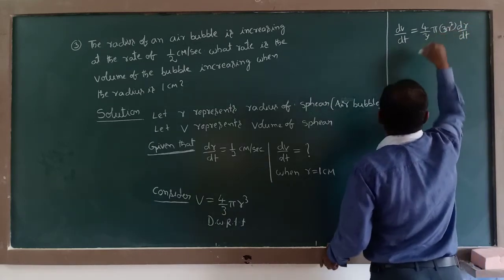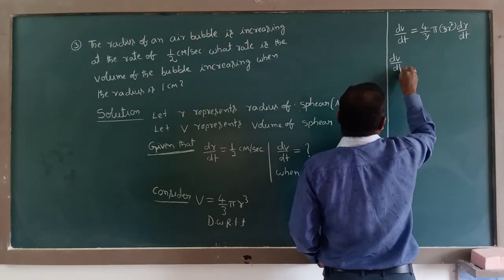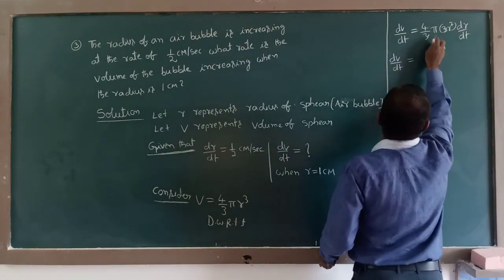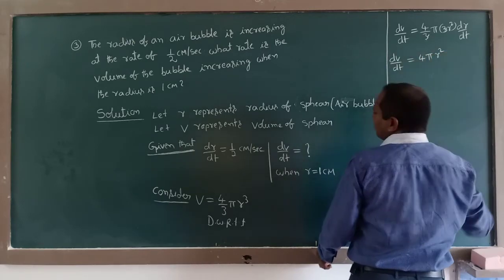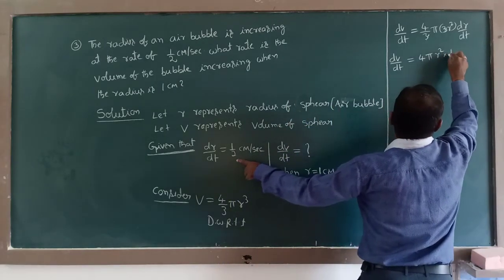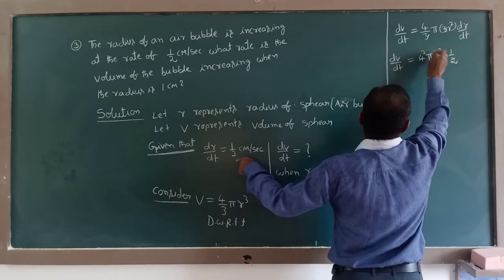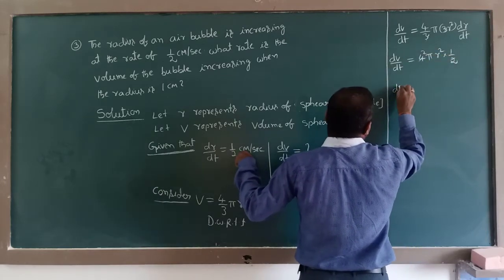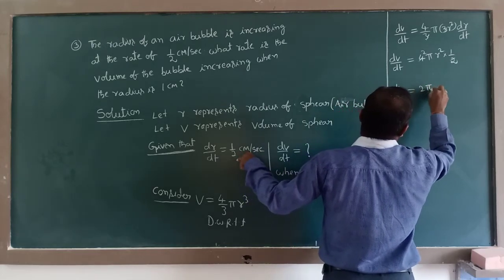Now 3 gets cancelled. dv by dt is equal to 4 pi r square into dr by dt, whose value they gave here as 1 by 2. Now 2 and 2 get cancelled. That's why dv by dt here we got 2 pi r square.